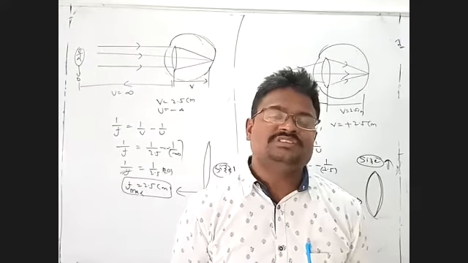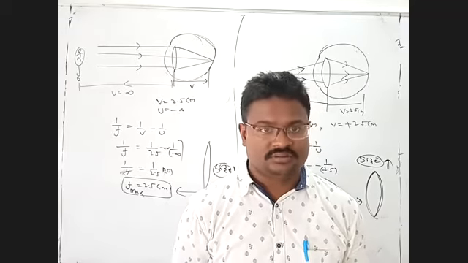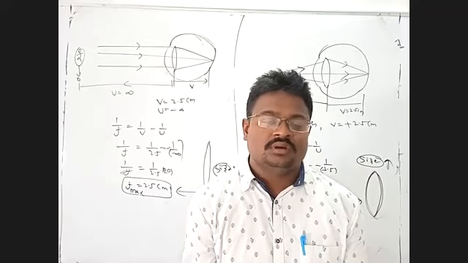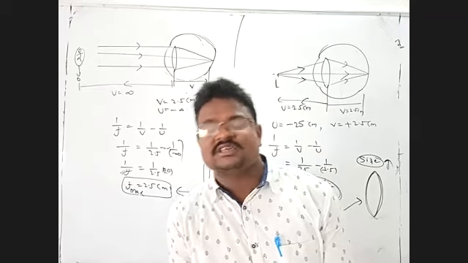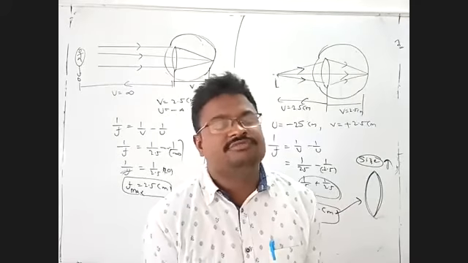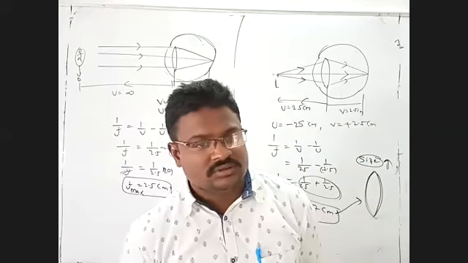So the object is placed between a far distance and LDDV. The image will be formed on the retina.